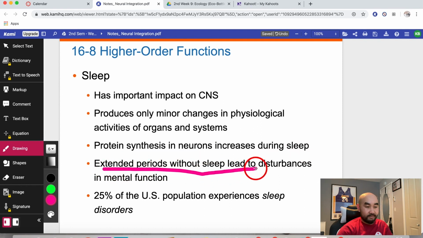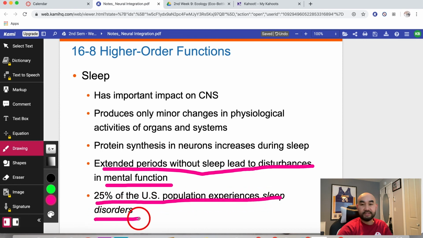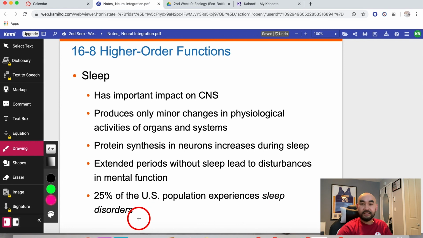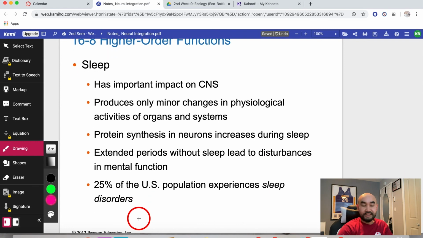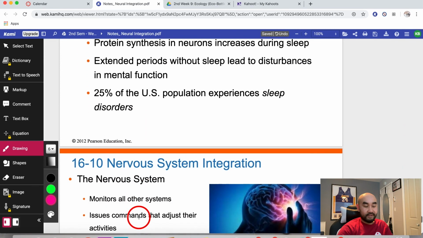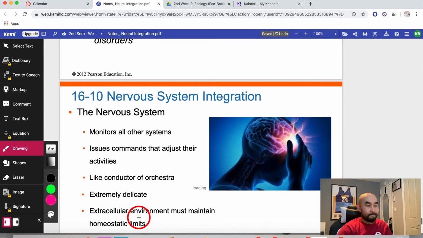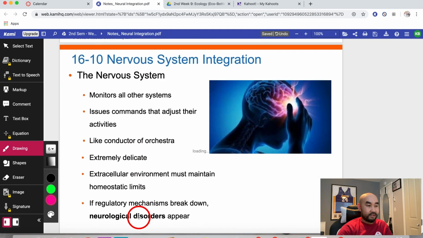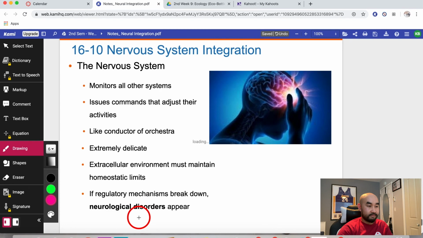Extended periods without sleep lead to disturbance in mental function. Unfortunately, 25% of the US population do not sleep enough, so they have a sleeping disorder. So go sleep. A good amount of sleep is 8 hours. Myself, 6 hours is good, right?